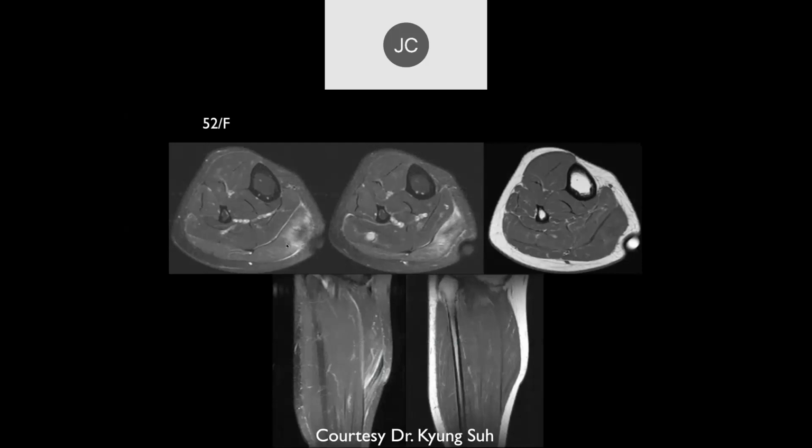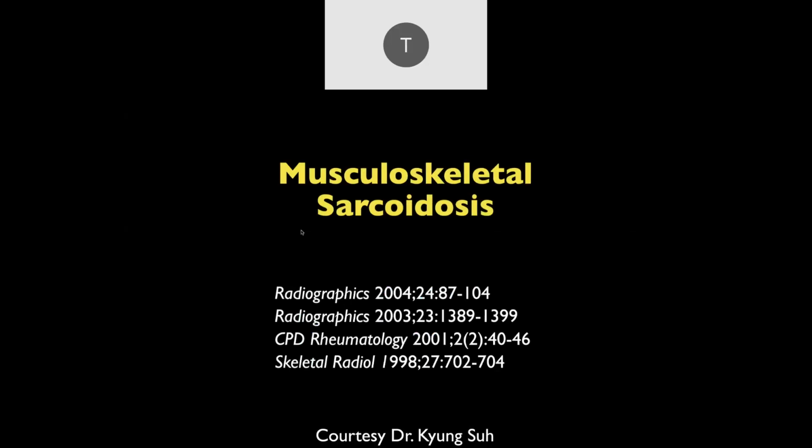It's a bit different than the usual edema we see in the muscle, like from a contusion or a partial tear, where it's kind of diffusely increased signal intensity. It just has an odd appearance that doesn't look like an acute traumatic problem. This is sarcoid, which is more of an inflammatory lesion.